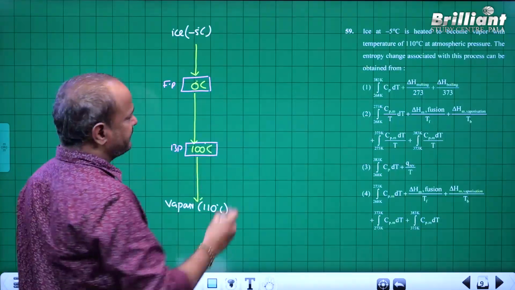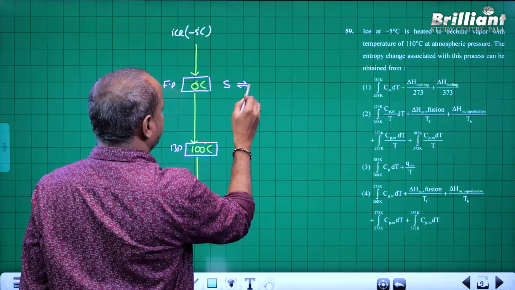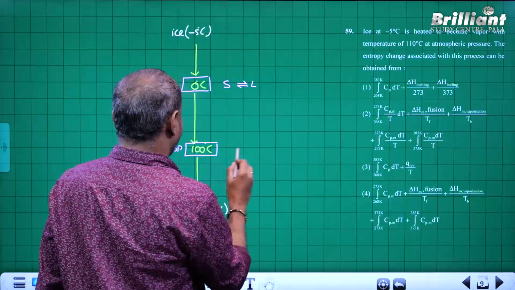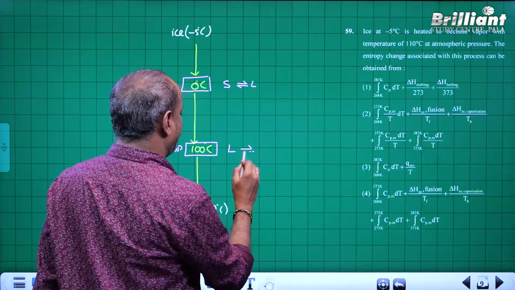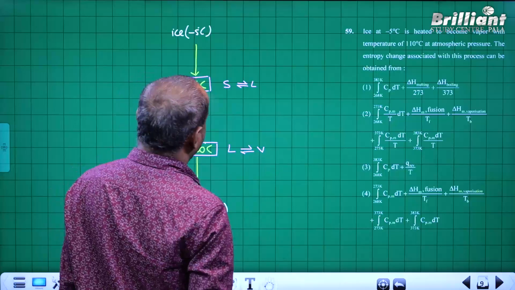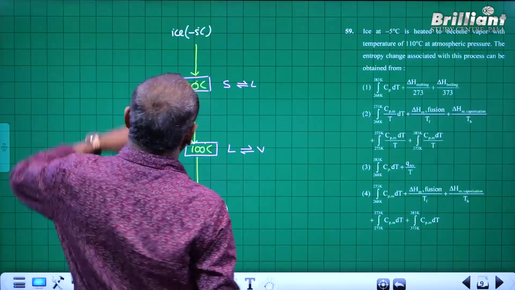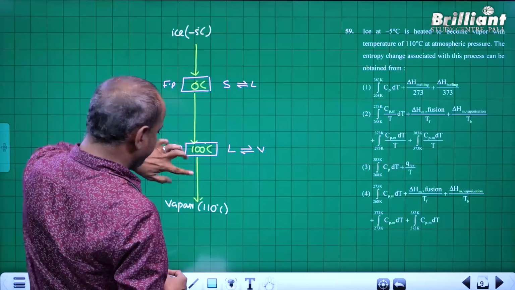Phase change: solid to liquid, enthalpy of fusion. Phase change: liquid to vapor. Okay, so how many steps? 1, 2, 3, 4, 5 steps.